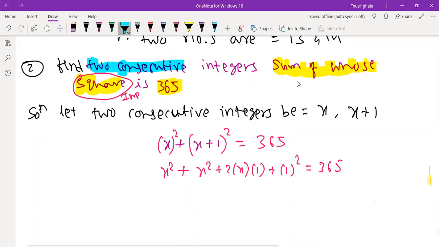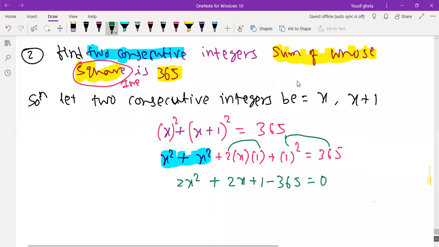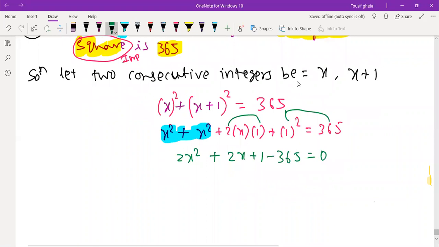So this x square plus x square, both are like terms, so add them. We will get 2x square plus 2x plus 1 minus 365 equals 0. So we will get 2x square plus 2x plus 1 minus 365, which is minus 364, equals 0.